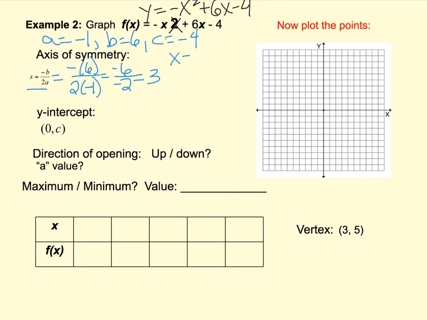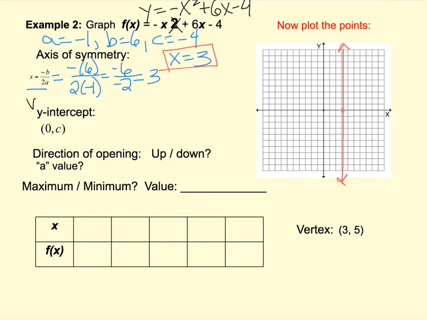So axis of symmetry, remember it has to be x equals, is x equals 3. So I am going to draw my axis of symmetry. I'm going to go over to x equals 3 and try to do as straight of a line as I can. There we go. So this is the line that's going to split my parabola right down the middle.